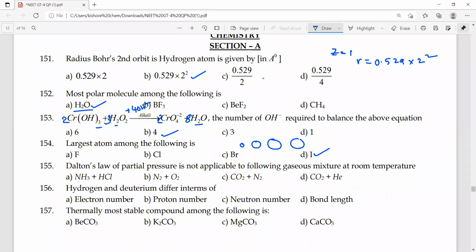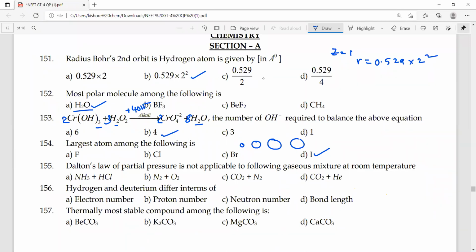Dalton's law is not applicable for reacting gases mixture. In this, N2 plus O2, CO2 plus N2, these all are non-reacting gases mixtures. Which one is reacting? NH3 reacts with HCl.